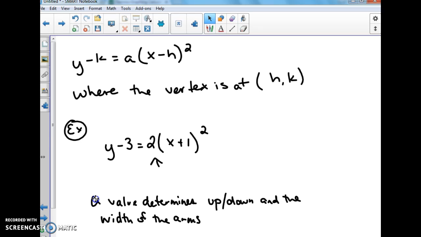So the a value also determines whether we have a minimum or a maximum. If we have it going up, we know that we're going to have a minimum. If it's going down, that's our maximum.